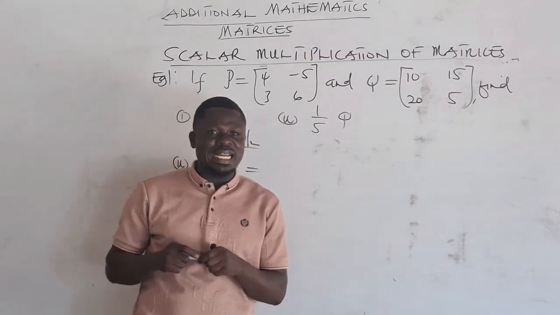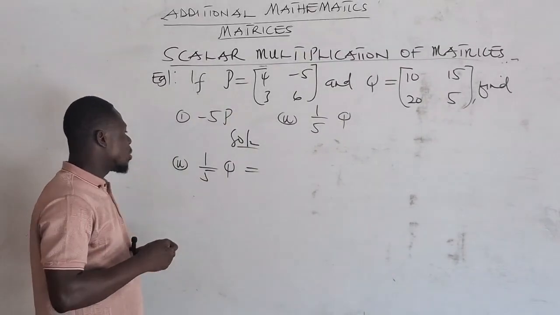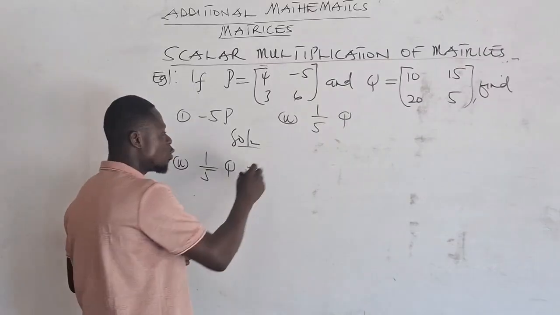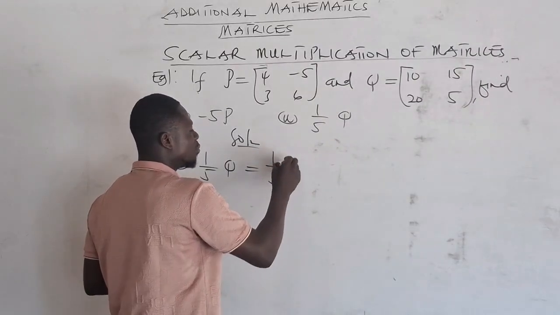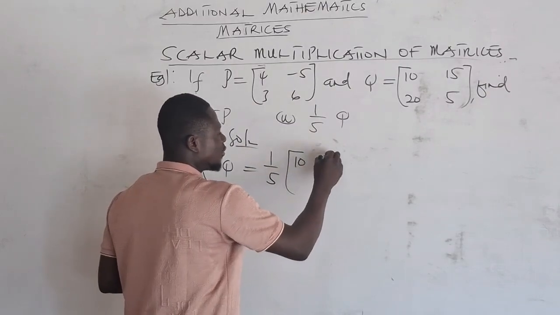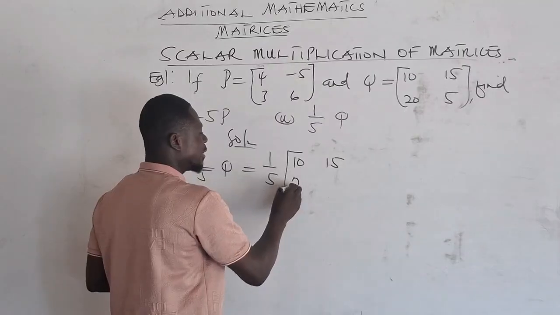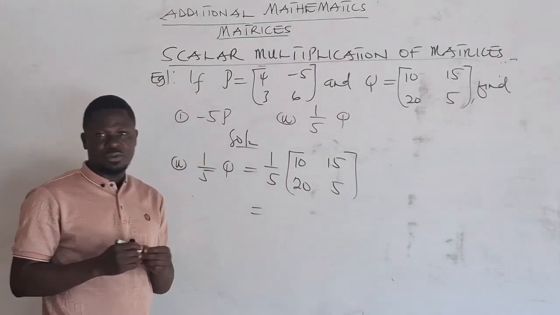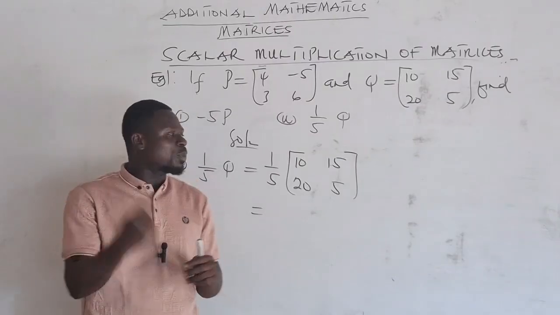So in our second part, we have 1/5 Q. So the scalar is 1/5. So it will be 1/5 multiplying the matrix 10, 15, 20, 5. So we are going to have 1/5 multiplying each of them.